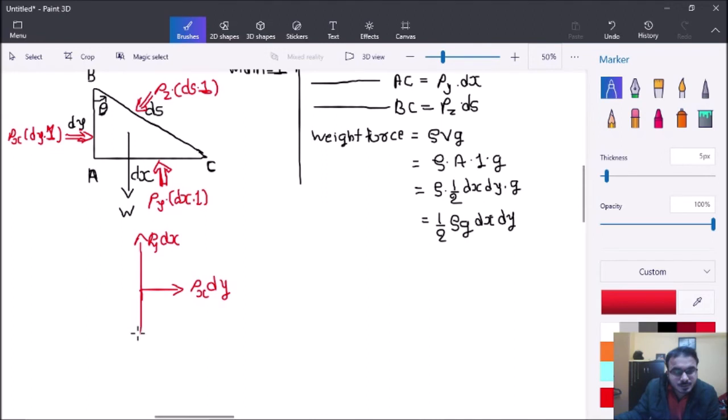Here it will be half rho g dx dy, and here it will be Pz into ds.